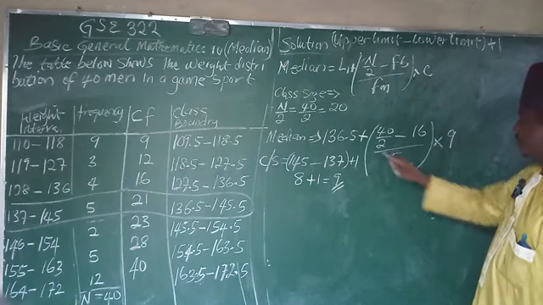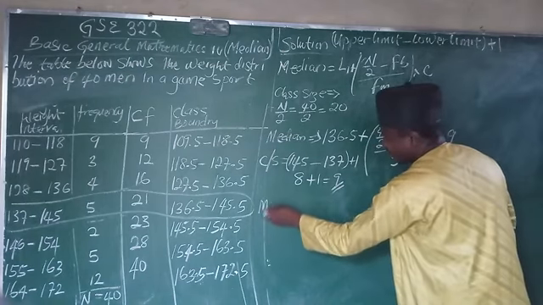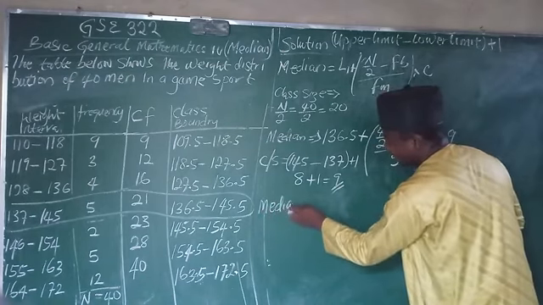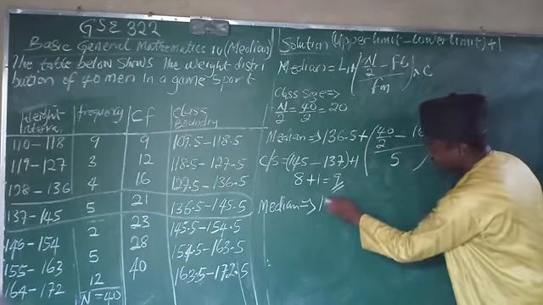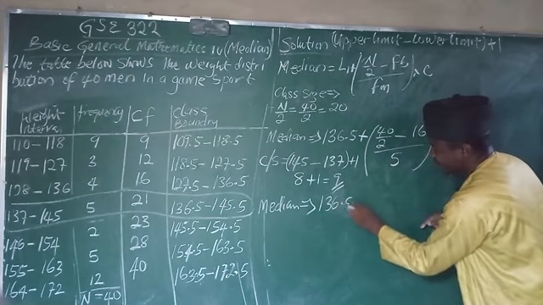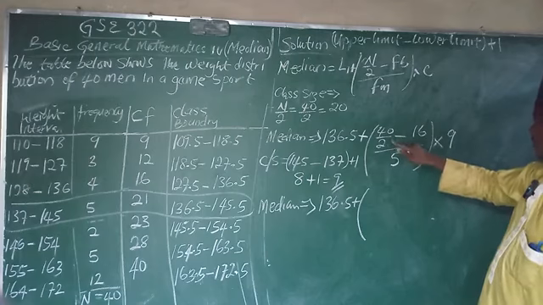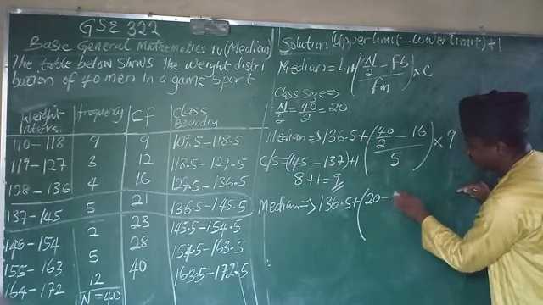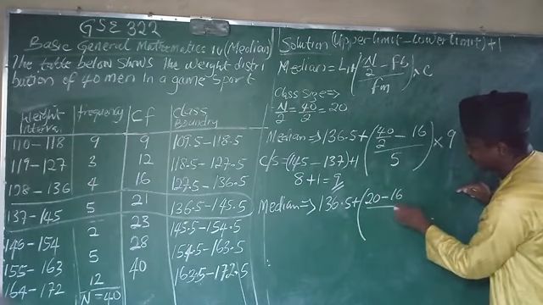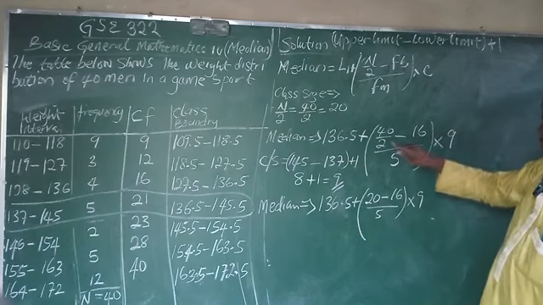Are we following? Now the continuation of looking for the median implies that we have 136.5 plus 40 divided by 2, which is of course 20, minus 16/5 times 9.